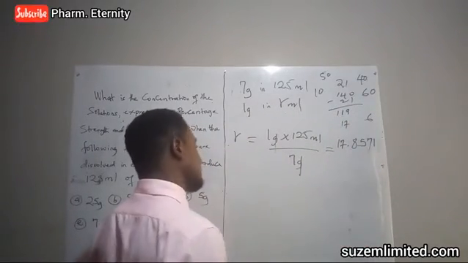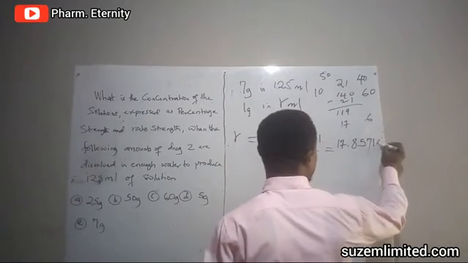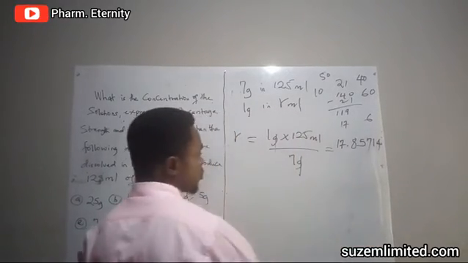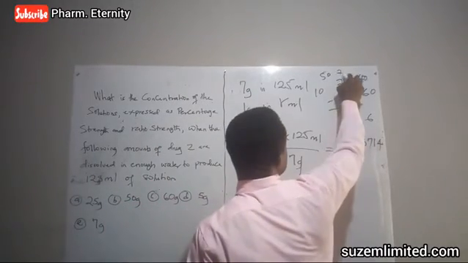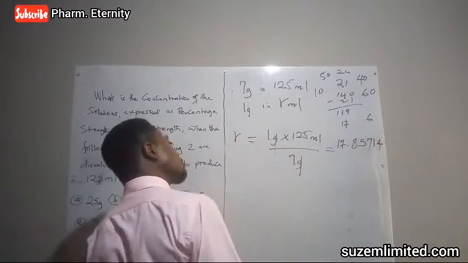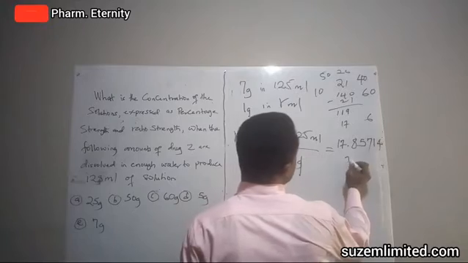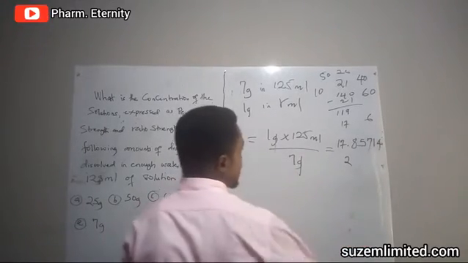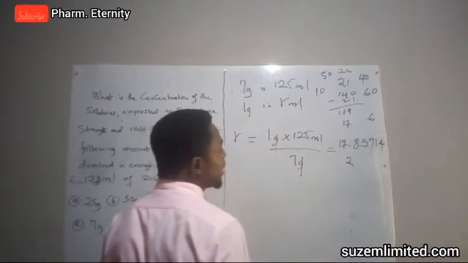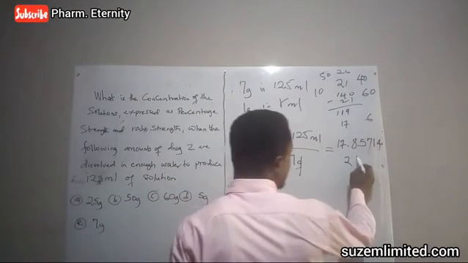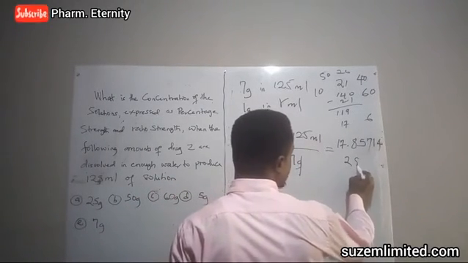Add 0, 30, we have 4, remember 2. Add 0, it becomes 20. We have 2, remember 6.